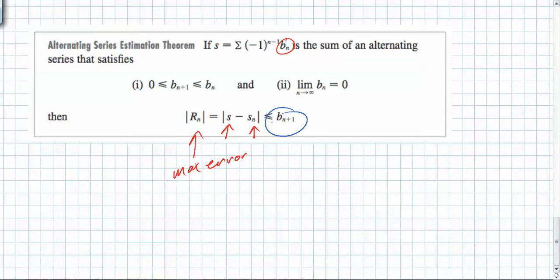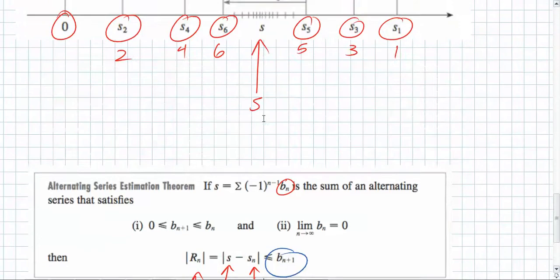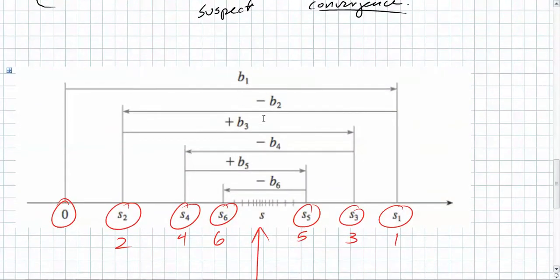It's really cool. If you have gone out to the 6th term, how close are you? You're as close as that 7th term value, which should make sense because look at this picture here. If you go all the way to S3, the distance from S3 to S is always going to be less than B4, the next term.